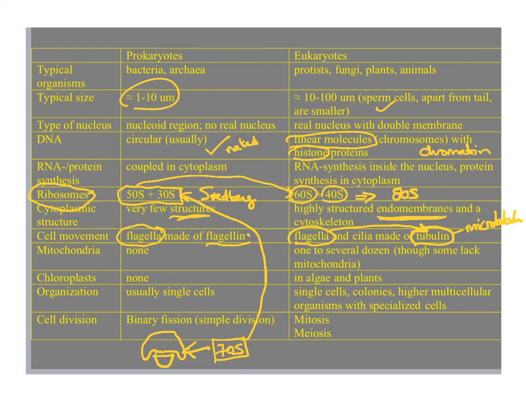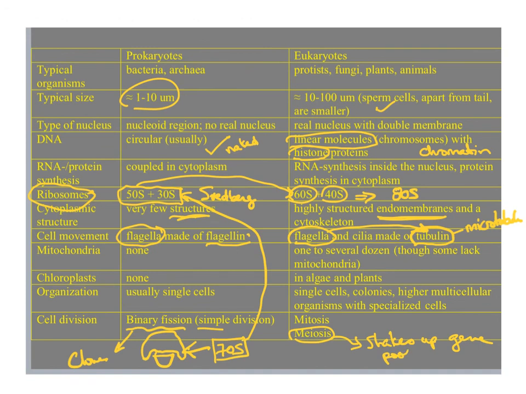Generally, prokaryotes divide by binary fission, simple division, and that creates clones. So here you have clones, whereas we do meiosis and mitosis, and what that really does is shake up the gene pool, to be honest, and gives us a lot of variation.